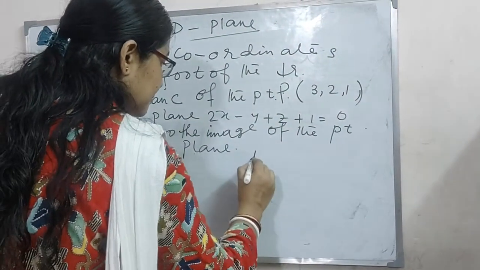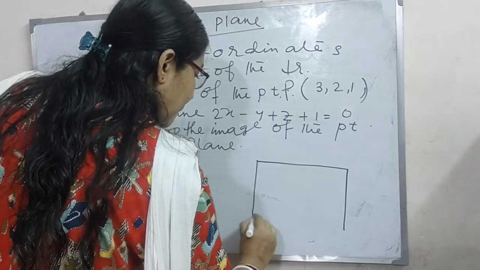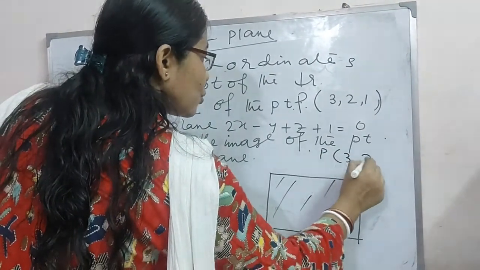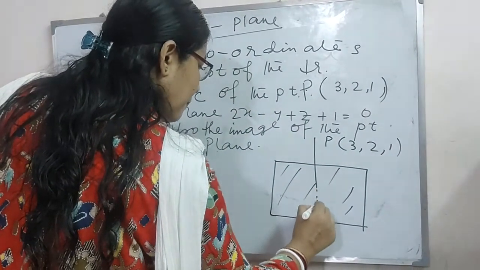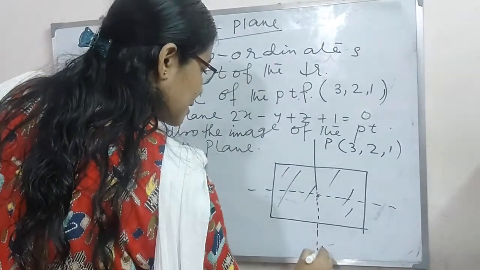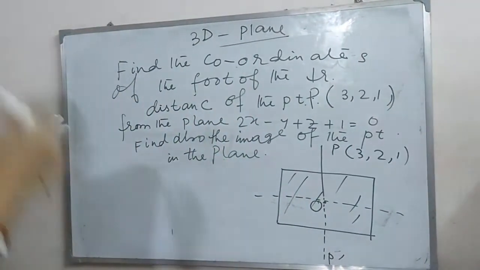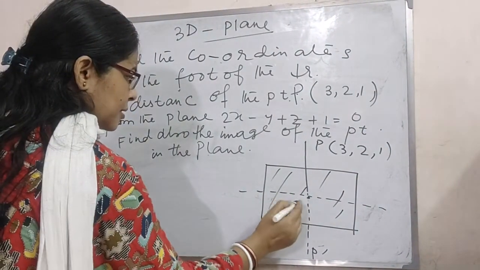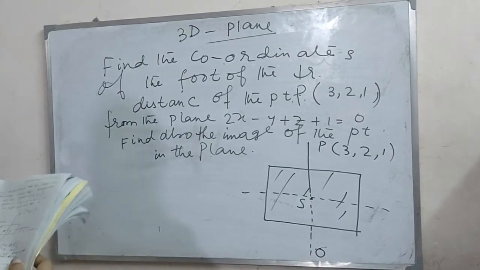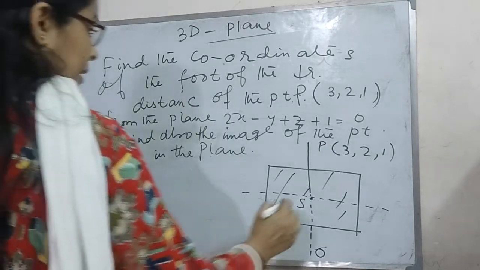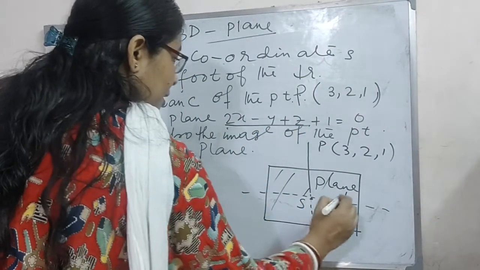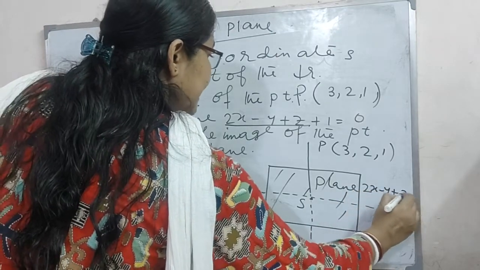This is the picture. This is the plane. This point is P(3, 2, 1) and this is the plane, this is P, this is P dash, this is O, or this is S and this is O. This is the given plane, 2x minus y plus z plus 1 equal to 0.